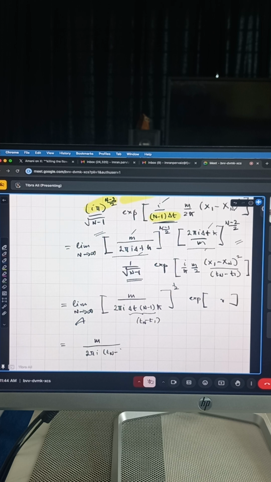So you have exponential of i m by 2 h bar, x1 minus xn squared over Tn minus T1. And this is the expression for the propagator for the free particle. And you can use the Schrodinger equation and Fourier transforms to derive this as well.